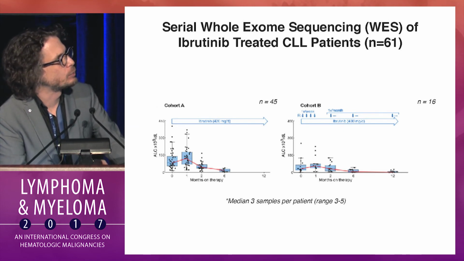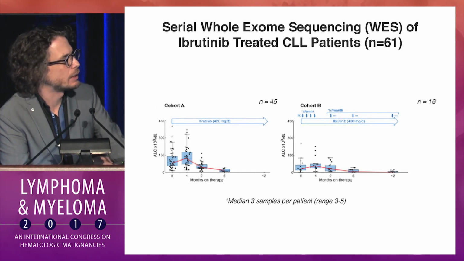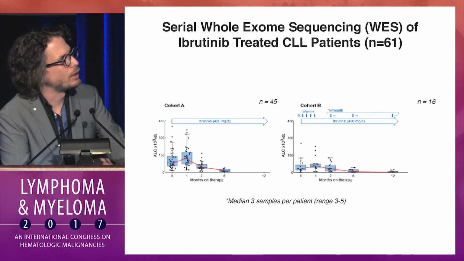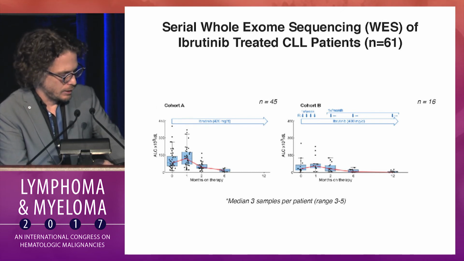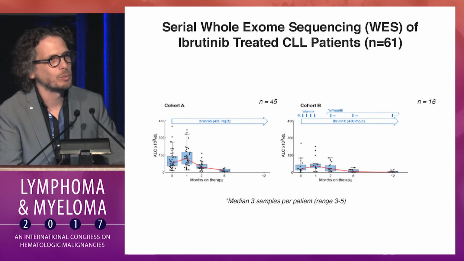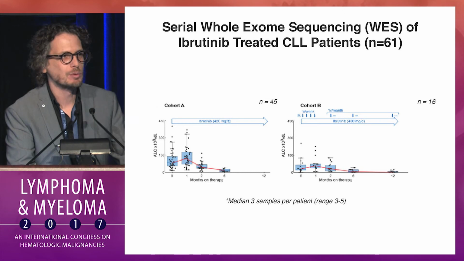And you can see here the typical patterns. They often experience a slight lymphocytosis early on, and then they all respond well in terms of the ALC count. And then we performed sequencing at all of those time points to see what happens genetically in terms of clonal evolution.